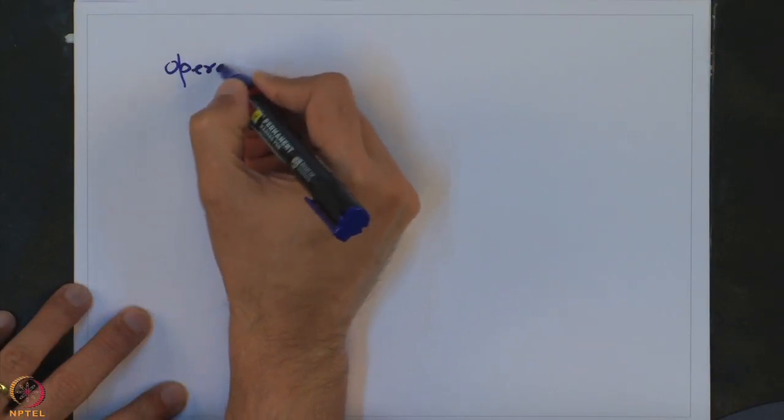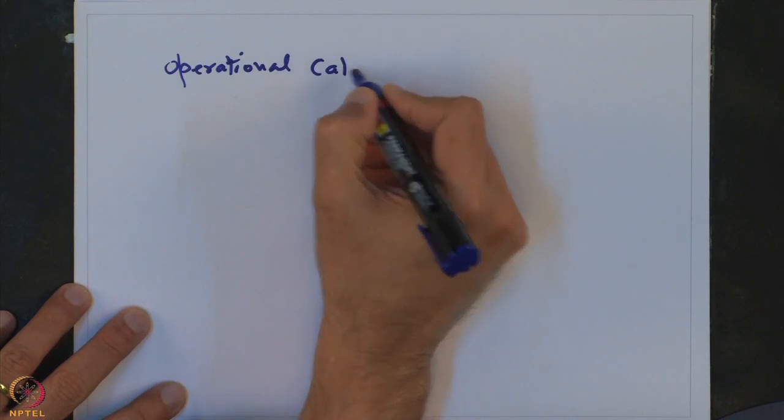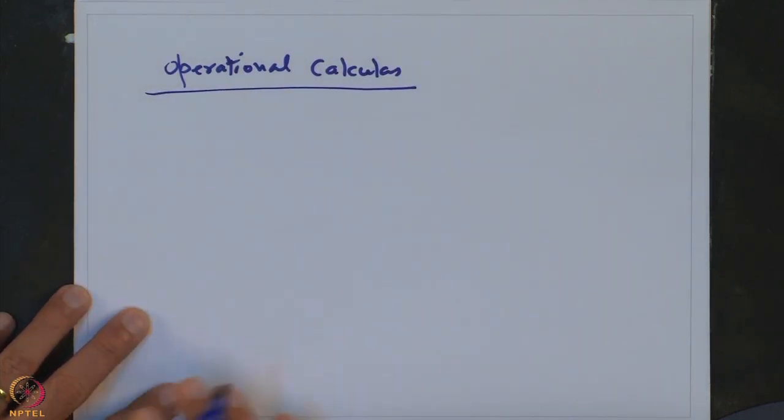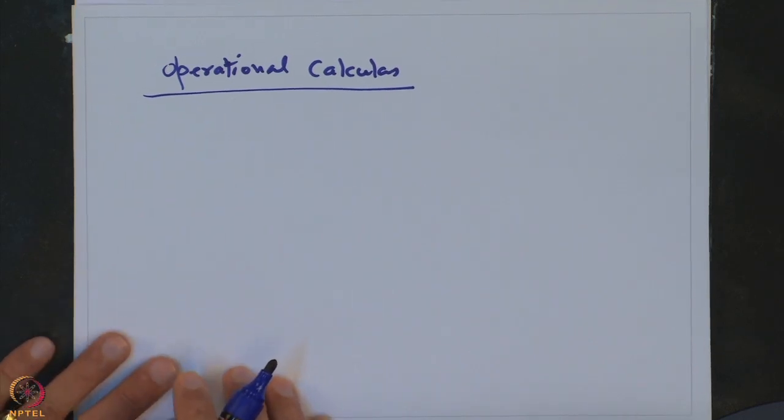So, use is made of what is called operational calculus. Okay? Now, let us try to go a step ahead and understand or review what is operational calculus and how it helps us in analyzing or solving systems, equations that I just described to you.